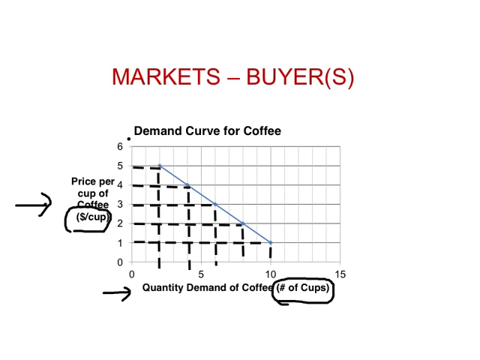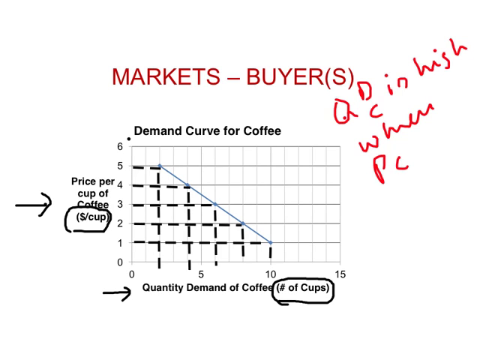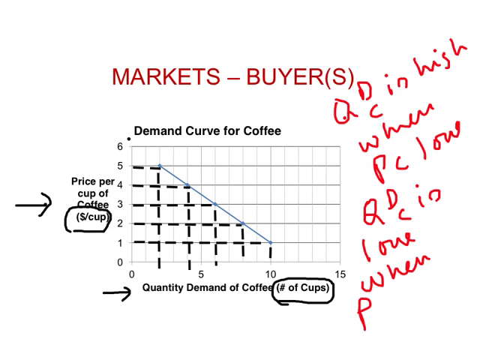Now, whether you look at the table or this curve, what you find is the following: we tend to demand, or quantity demanded of coffee is high when price is low, and quantity demanded of coffee is low when price per cup of coffee is high.